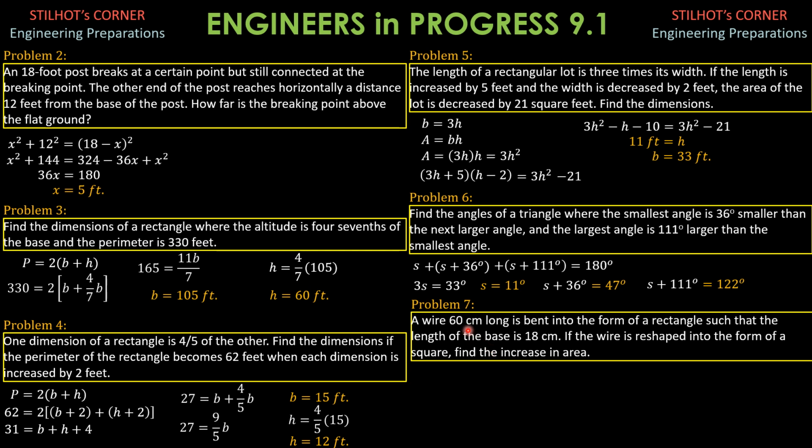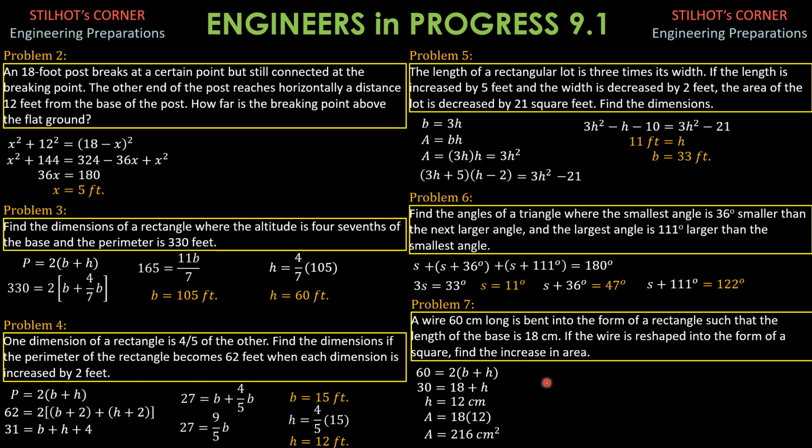60 is the perimeter, and it is 2 times quantity b plus h, where b is 18. So 60 equals 2 times quantity 18 plus h, so 60 over 2, 30 equals 18 plus h. So that means h is 12, 30 minus 18. So the original area of the rectangle is 18 times 12, and that is equal to 216 square centimeters.